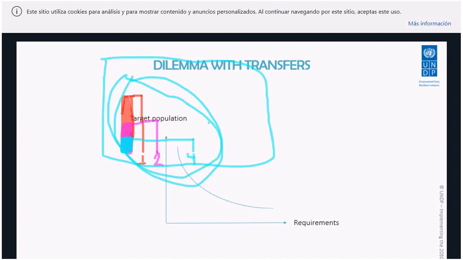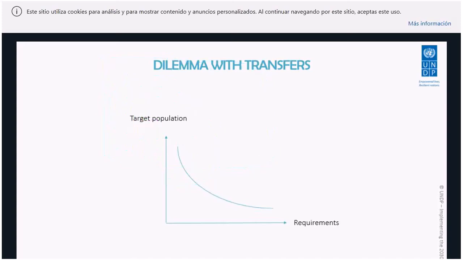What will be the best number of population benefited, and how can you reach that population, based on what requirements, etc.